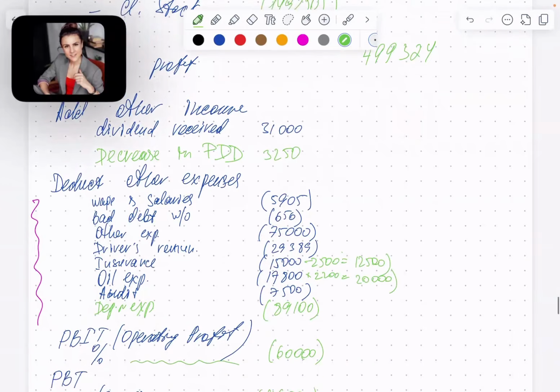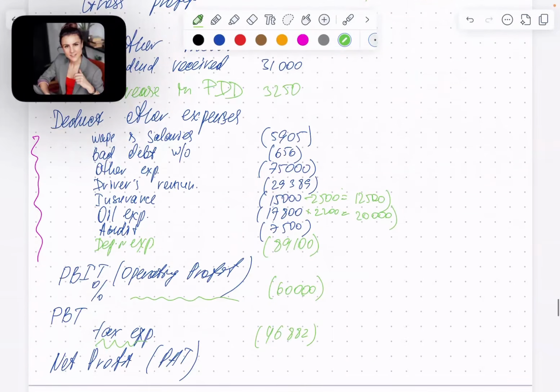We have 2 lines. We have to deduct all other expenses, and operating profit would be 293,524. Then you deduct interest expense. That would lead to profit before tax of 233,524, and the final result, profit after tax, is 186,642. That would be the final result of the income statement.